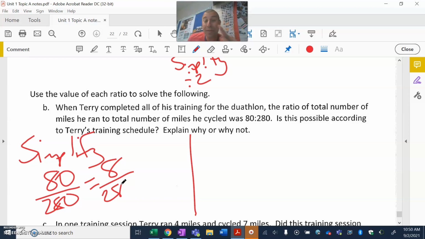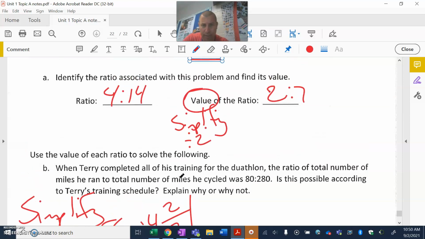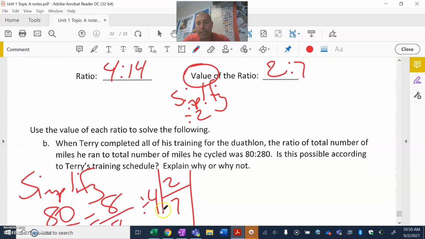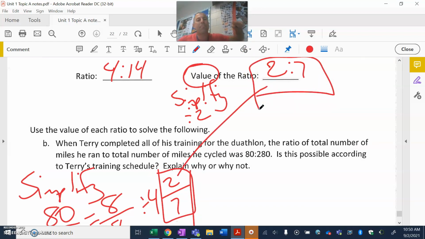But wait, there's a bigger number that works here. You could divide them both by 4. So I get a 2. 28 divided by 4 is a 7. All right. So, wait, was the ratio 2 to 7? Yes, it was. See, look, now they're written in different forms, but they're the same thing there. So, is it possible? Yes, because their simplified ratios were the same.